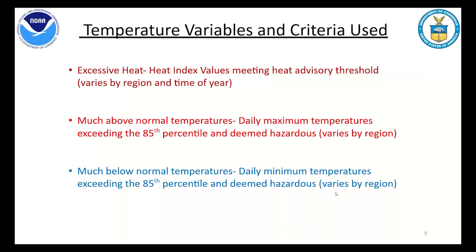So looking for minimum temperatures in the lowest 15th percentile, and also that would be considered hazardous. So like an early frost freeze, record cold outbreaks during the winter, those type of cold events.